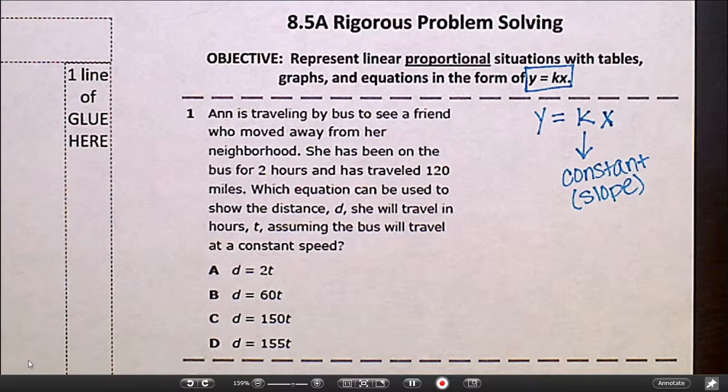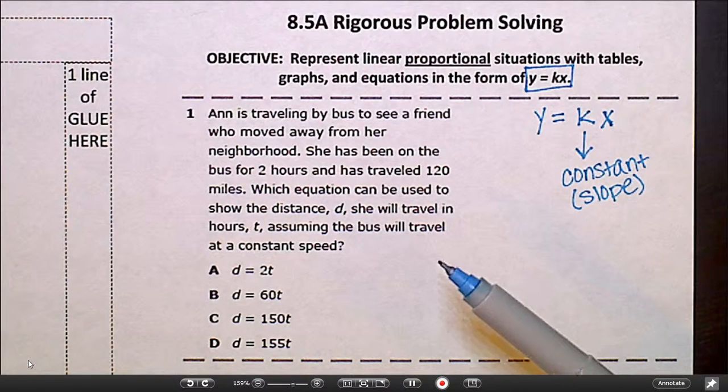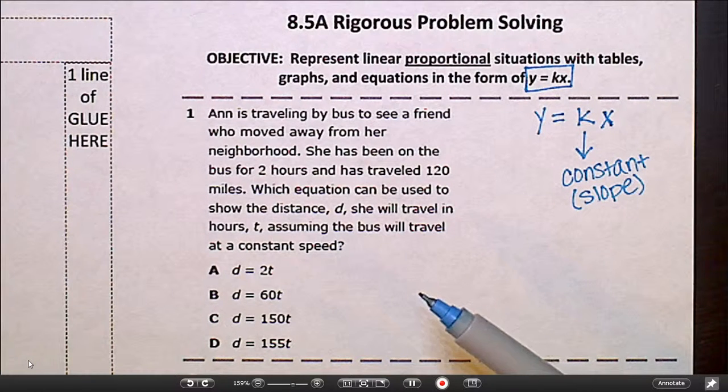Okay. So we're representing these situations with tables, graphs, and equations. You're going to be given a situation on each one of these questions. Sometimes you're going to have to come up with the equation, which is what we're doing on number 1 and number 2. Sometimes you may have to create a table, and sometimes you may have to identify a graph. So remember that tables, graphs, and equations are just all ways of showing the exact same information.